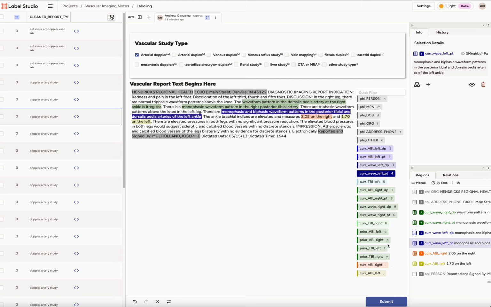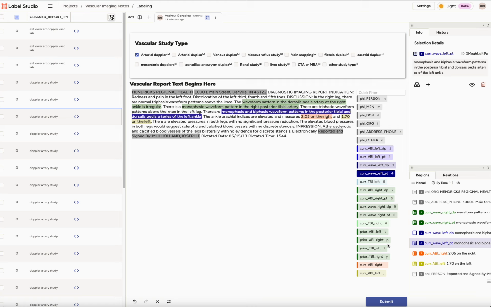The other challenge is, what happens if you have a report where they do list the DP and the PT? You're just going to double select them. So in a typical case where they give you the left DP and PT, and the same thing on the right, you're going to label each one twice. For the DP, you're going to label that.